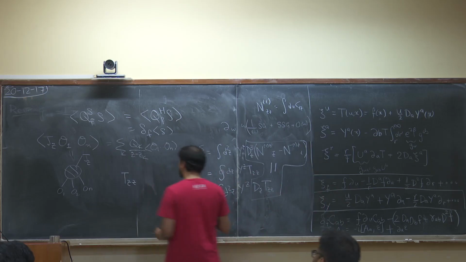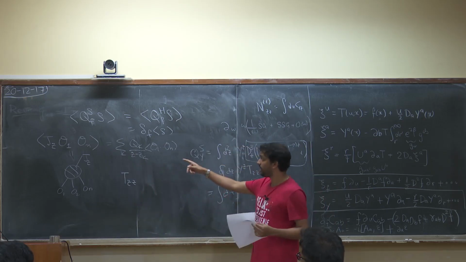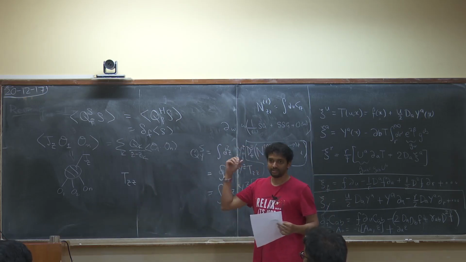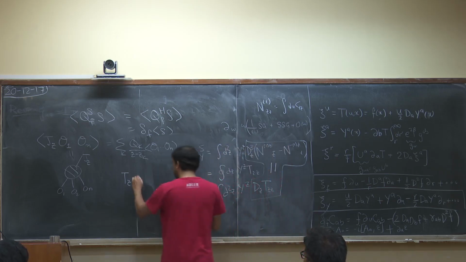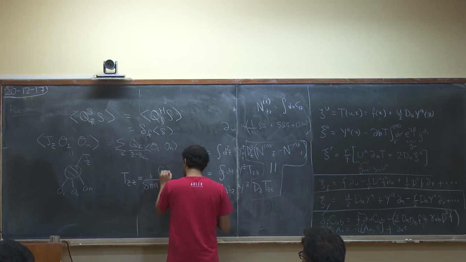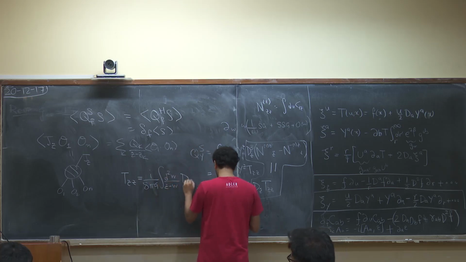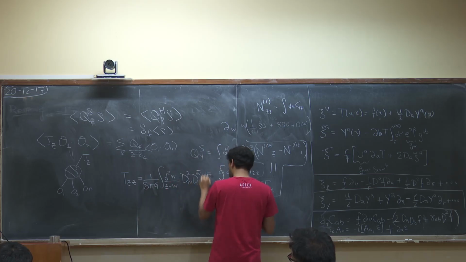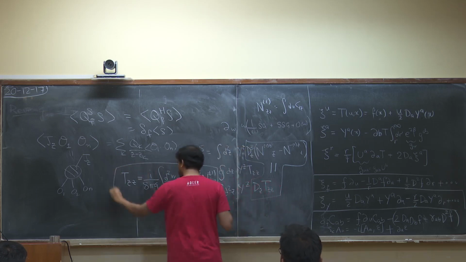And so note that unlike in the Kac-Moody case, where the current was just local in terms of the soft operator, the stress tensor is not local in terms of the corresponding soft operator, but takes this form.